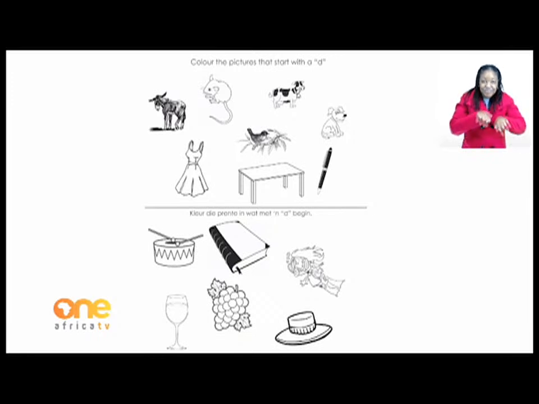Now I would like you to look at the pictures once more, say the words, and listen out to the beginning sound of each picture. Drum, book, diver, glass, grapes, hat. Now find the pictures that begin with letter D or sound D, D, D, and color in the pictures.